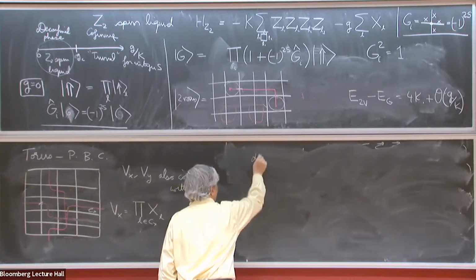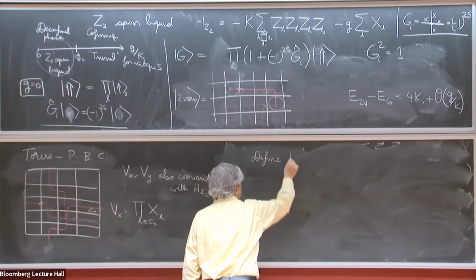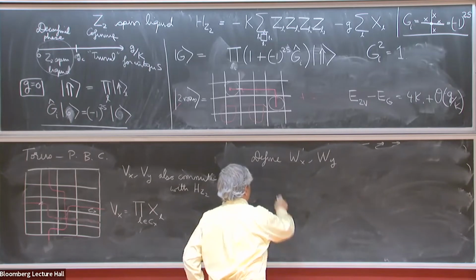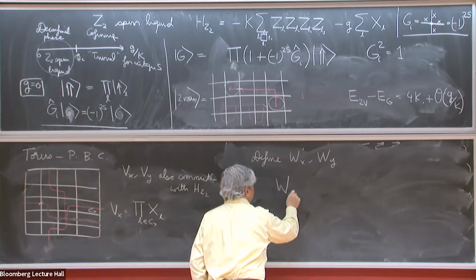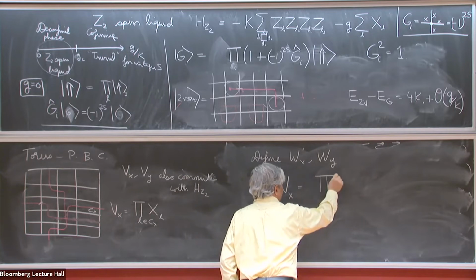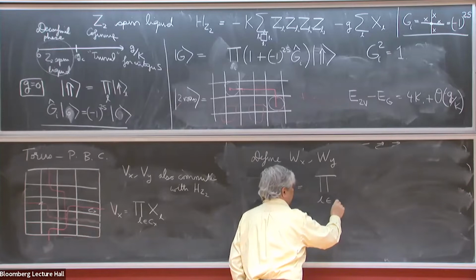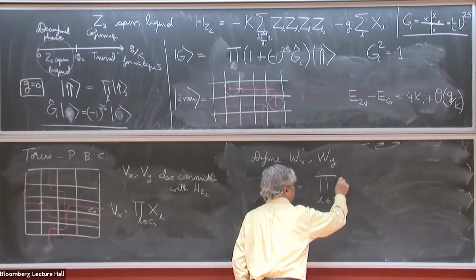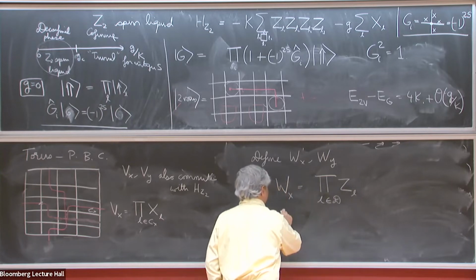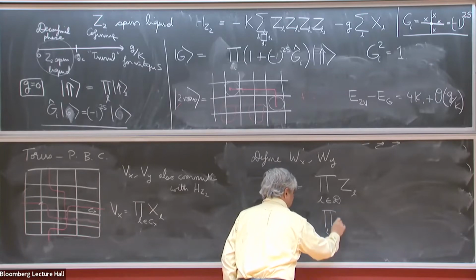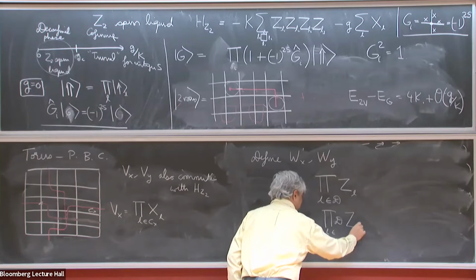So we define Wx and Wy, and these will be products of L belonging to some other contours, let me call them D contours, of the Z operators. And similarly, Wy will be a product of L belonging to the D contours of the Z operators, of the dx and dy.